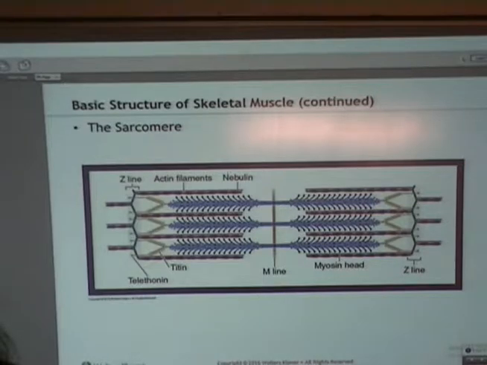It is the most basic level of contractile function within the muscle. And because it's capable of shortening, it's capable of producing power.